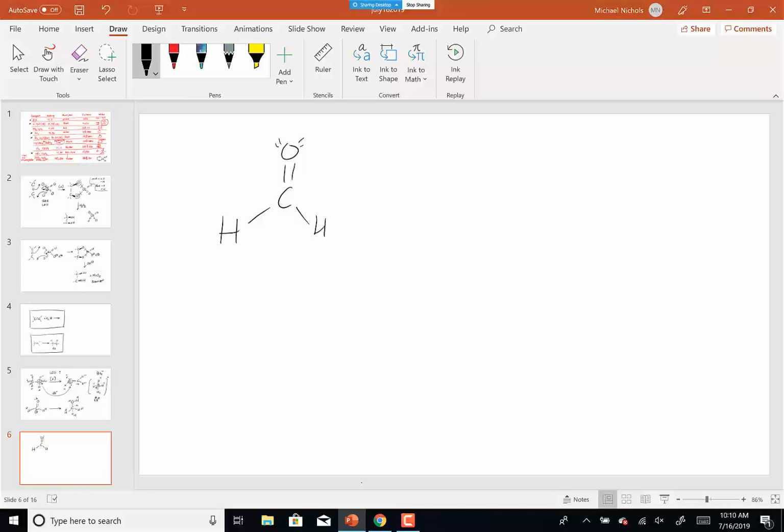So how does the oxygen get the -1? Okay, it deals with the sharing of the electrons in that bond. Now, this is a polar covalent bond, correct? Covalent meaning that it's shared, polar meaning that it's unequal sharing.